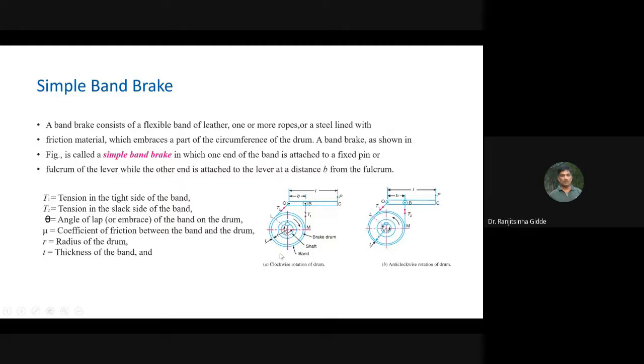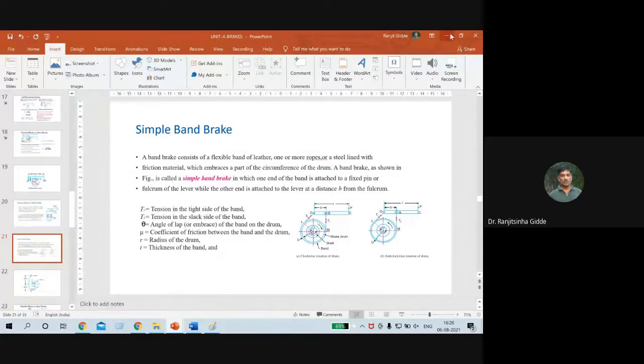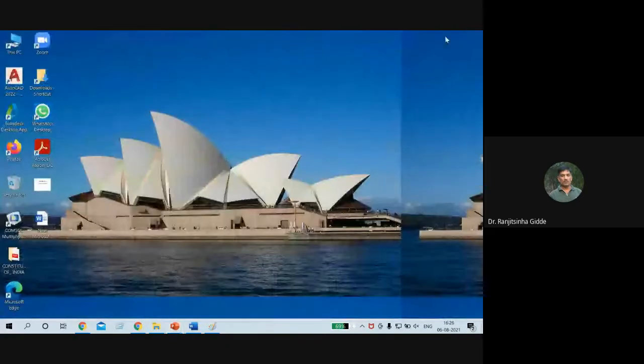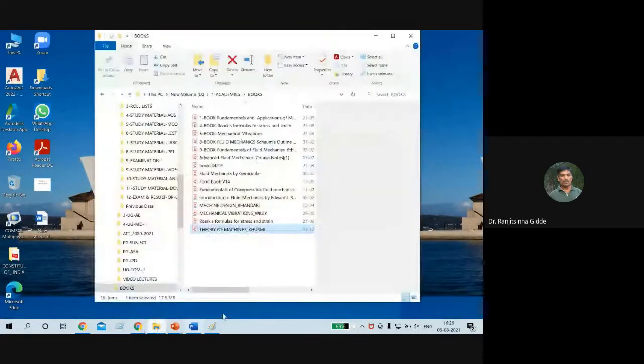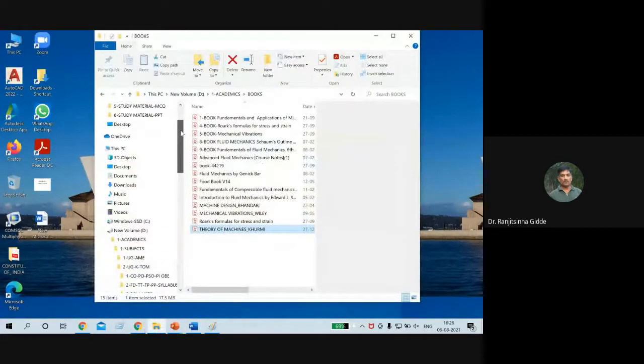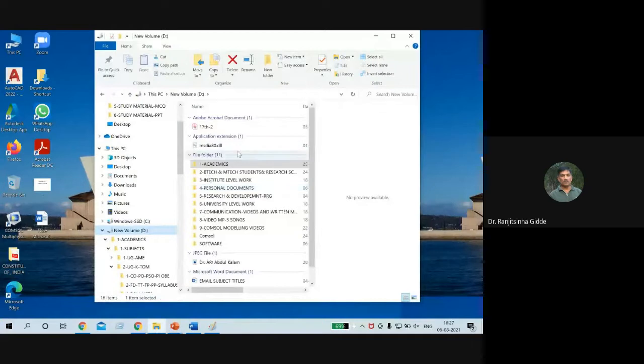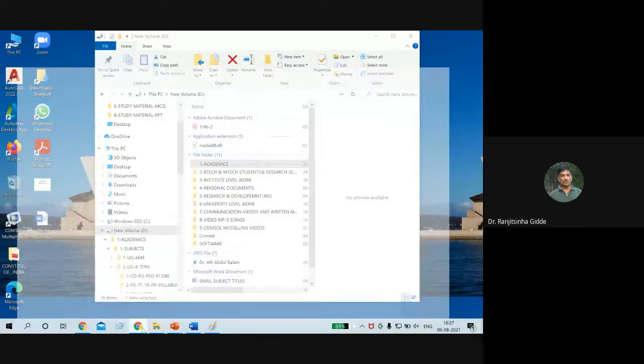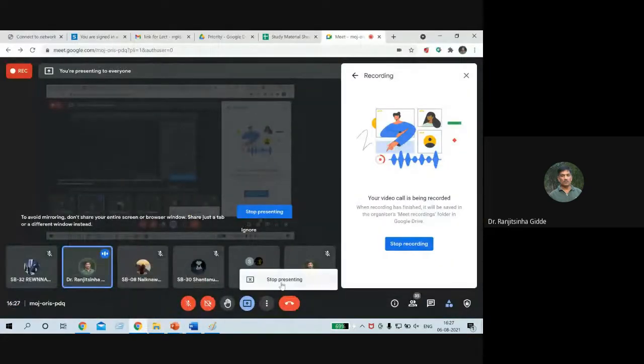By today evening, I will give you a scanned copy of the notes, so whatever important theory bits there are, you can read. Wait for 1 minute.